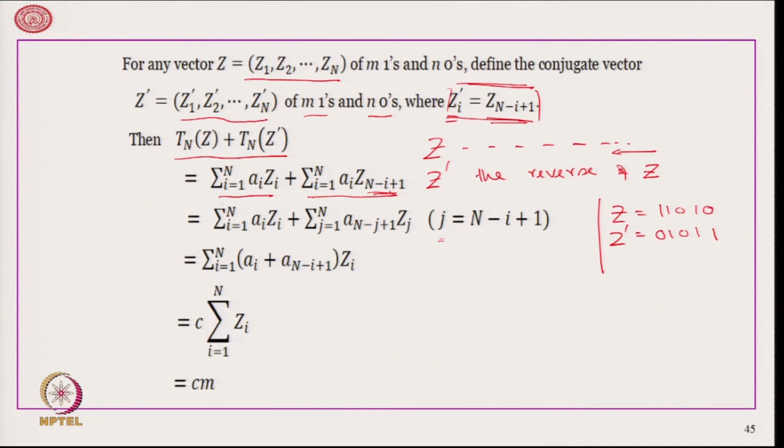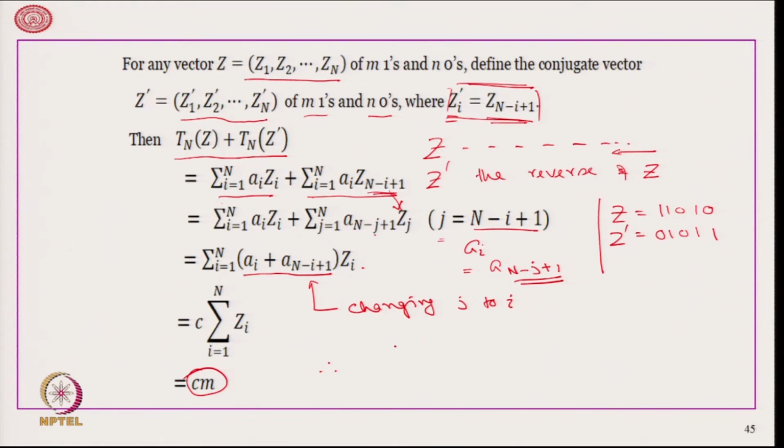Therefore, z n minus i plus 1 becomes z j, and a i is equal to a n minus j plus 1, because i is equal to n minus j plus 1, is equal to a i plus a n minus i plus 1, i is equal to 1 to n times z i by change of variable j to i is equal to c times sigma z i is equal to c times m.